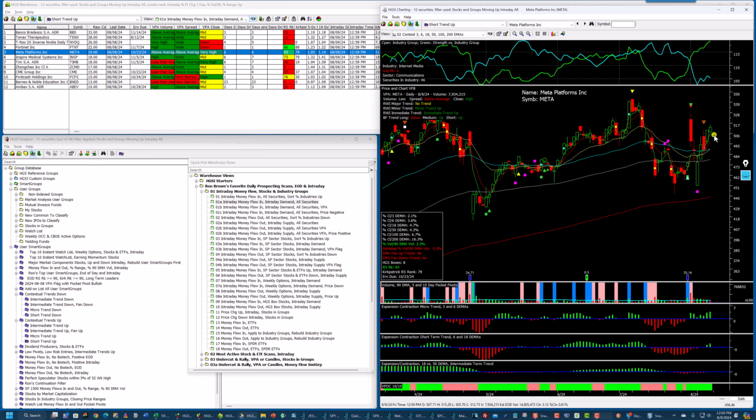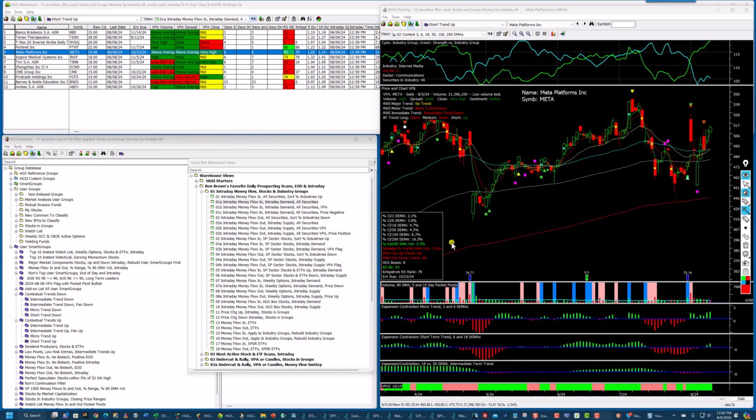All right, Meta is moving up again today after a sell-off this week. It had a low volume test, and you can see the 3 is above the 6 and the 6 is above the 18, but this is not crossed yet. So the intermediate term trend is not up.